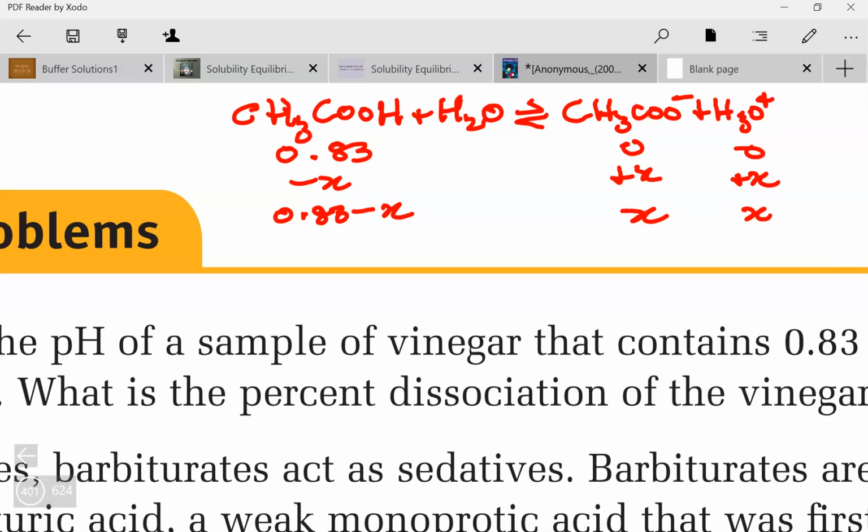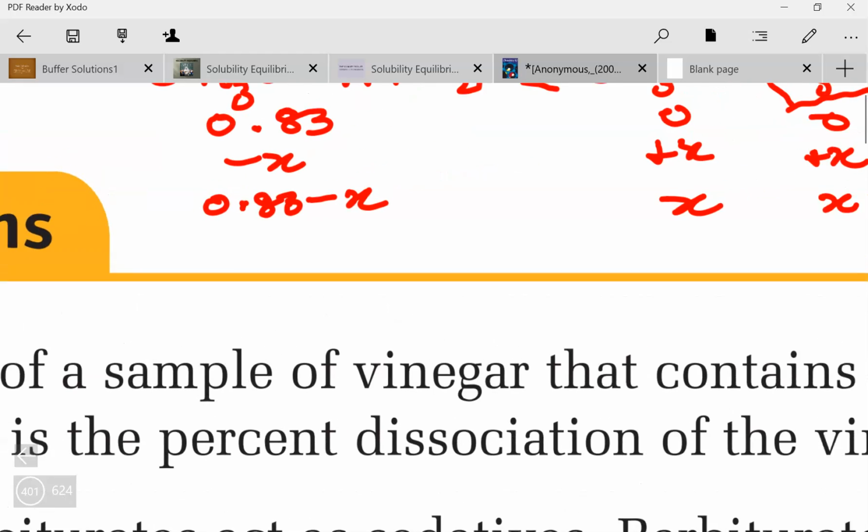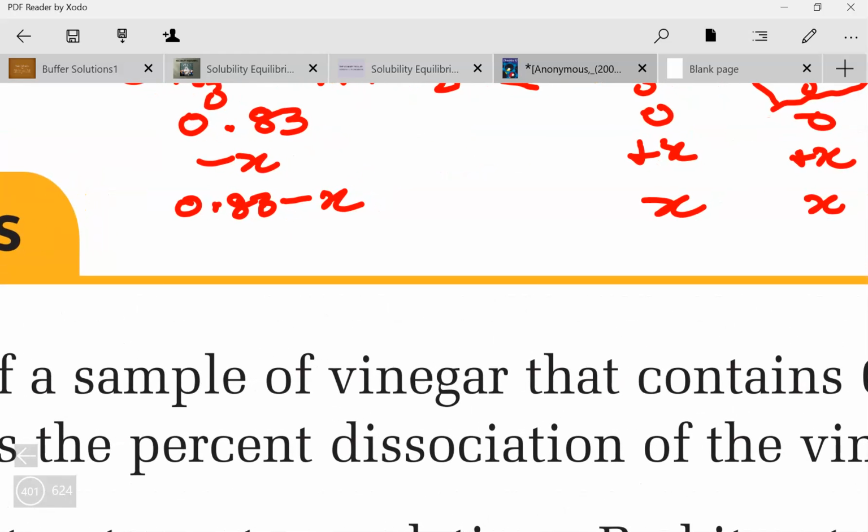Now we have to calculate the pH. In order to calculate the pH, we need to calculate the H3O plus concentration, so I have to use some formula from an ICE table. I do not have my Ka provided, so I'm looking at the back of the textbook for my Ka, which is 1.8 times 10 to the power negative 5.